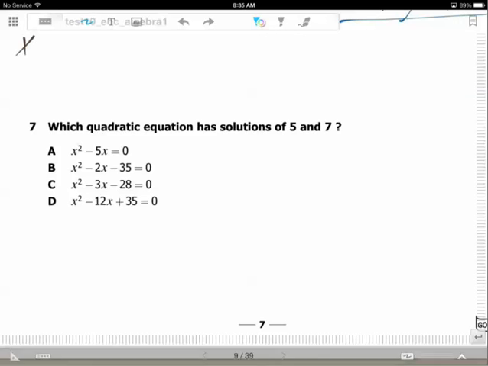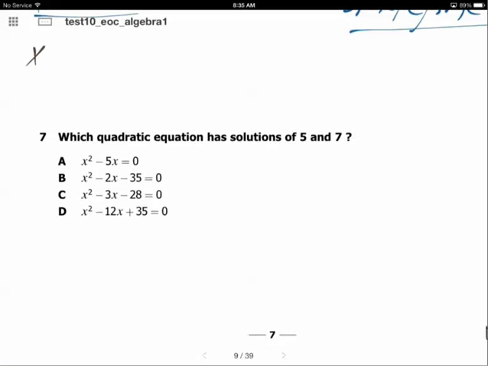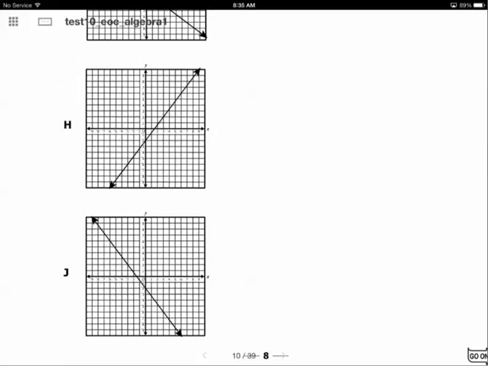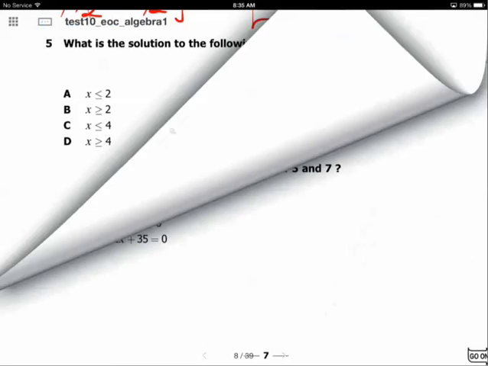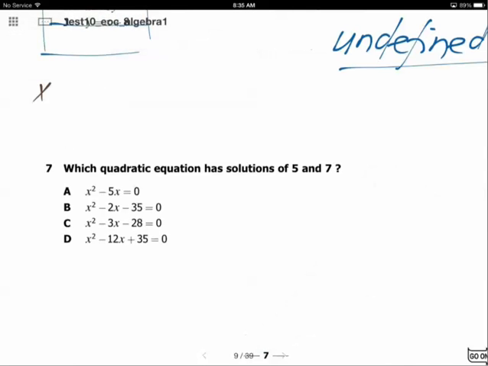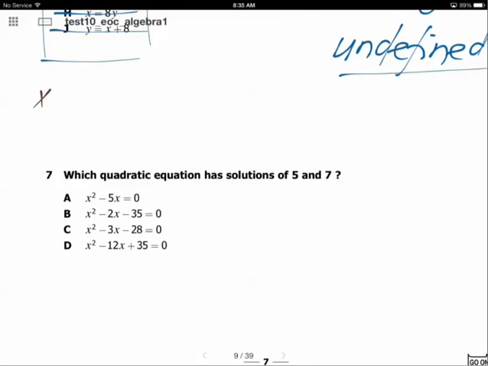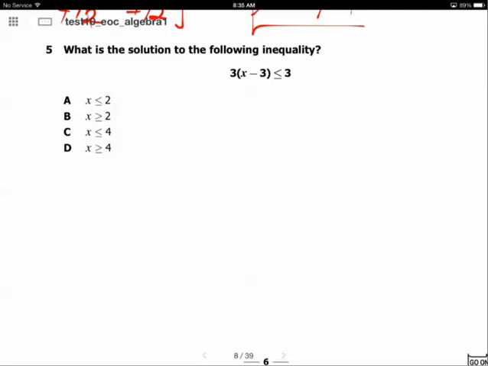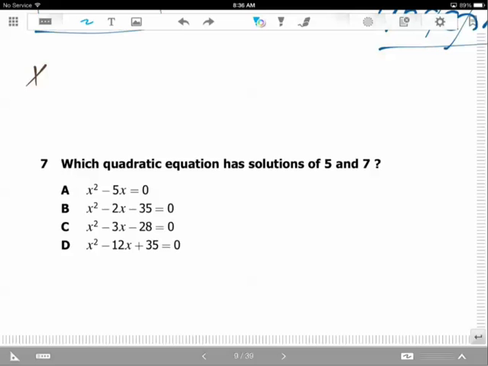X squared minus 5x equals 0. Looking for common factors, x and x squared, 5x, right?